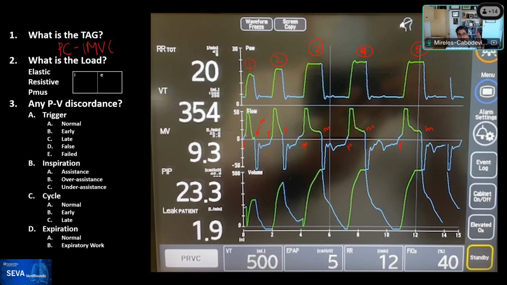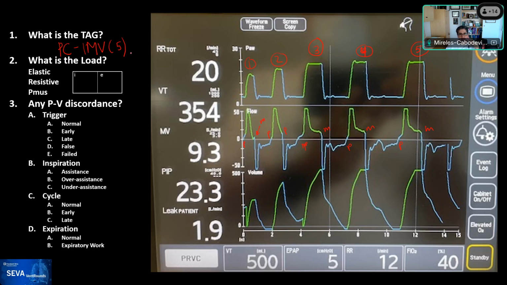I do see this breath that seems to be a mandatory breath. So that would at least make this one a type 5 breath, in which a spontaneous breath becomes mandatory. I do know that there's another number that goes here, but this graph doesn't show it to me entirely. I cannot make that determination, at least on this graph.